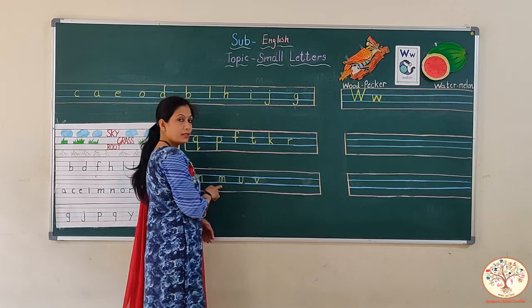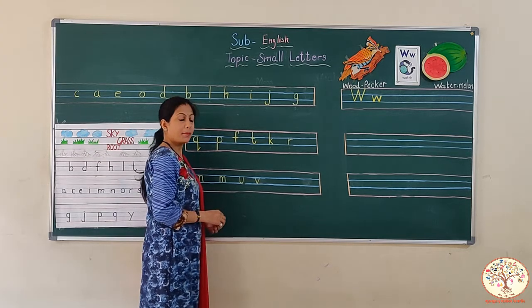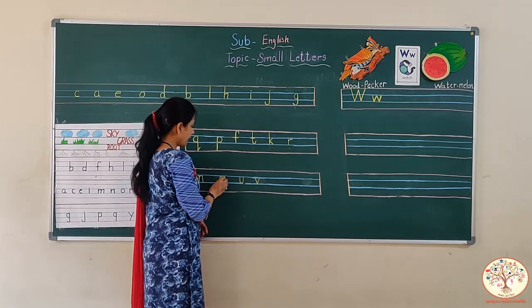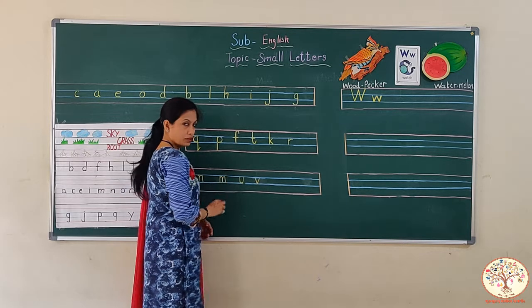And this one is small letter M. One standing line and two downward curves.